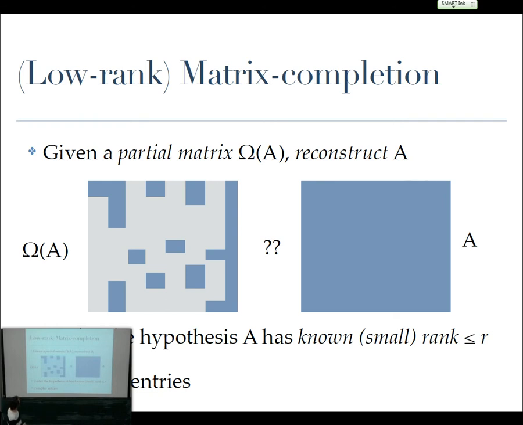So what you see is some numbers, but you also see where they are in the matrix. So your given data is the size of the matrix, some numbers, and also their locations. Blue is what you've seen and gray is what you haven't seen.